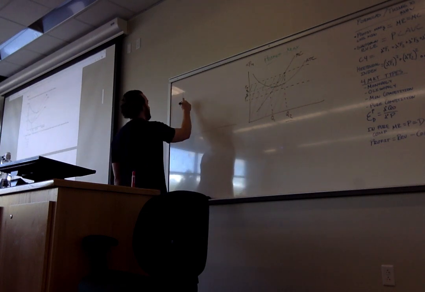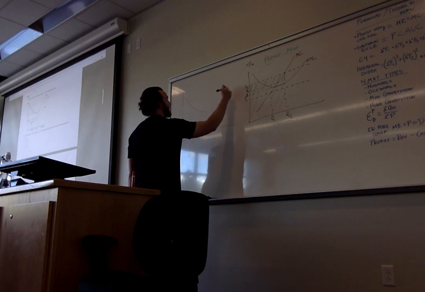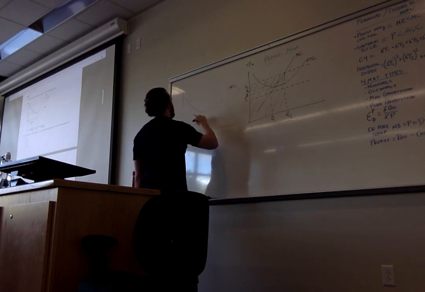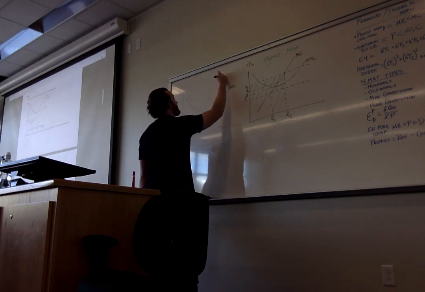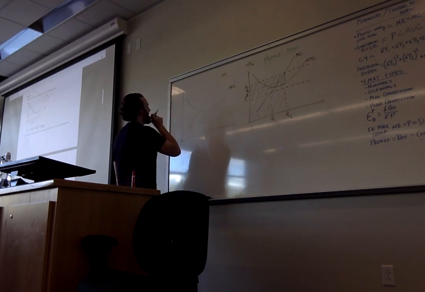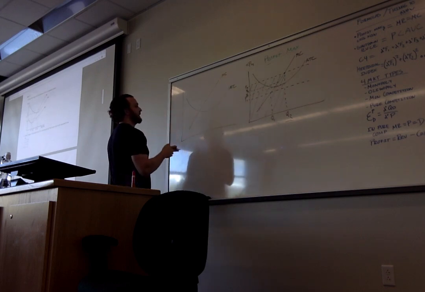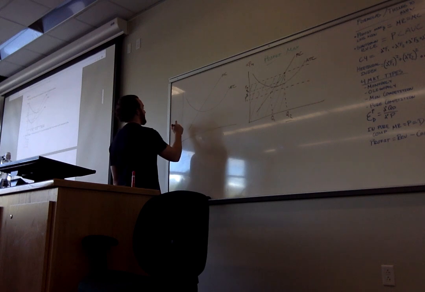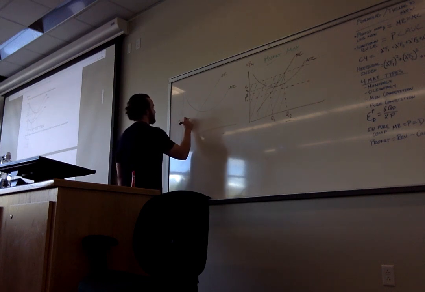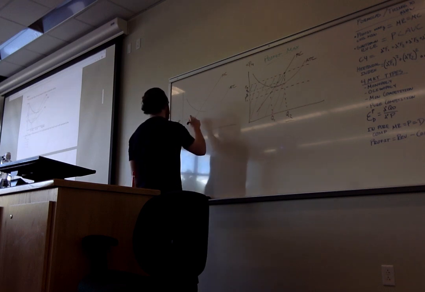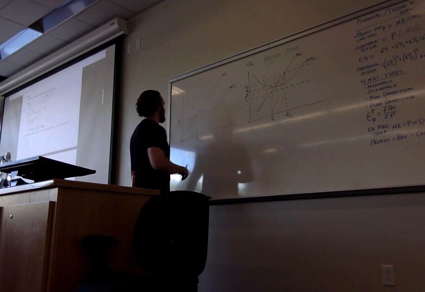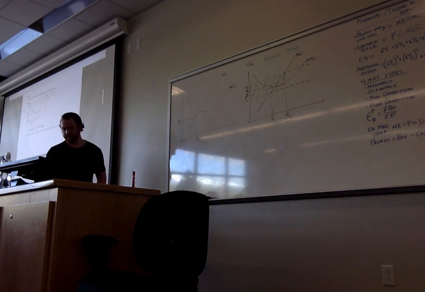Now we've got average total cost, we've got marginal cost, and let's say that we've got a price that's right here. P1. Okay, let's look at this now.